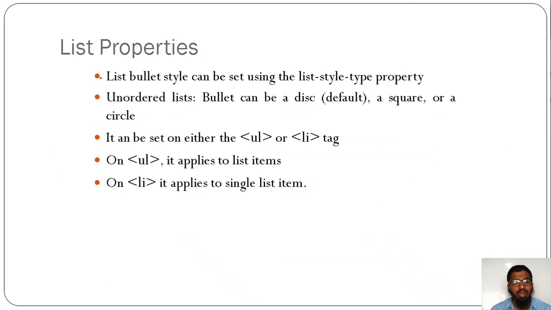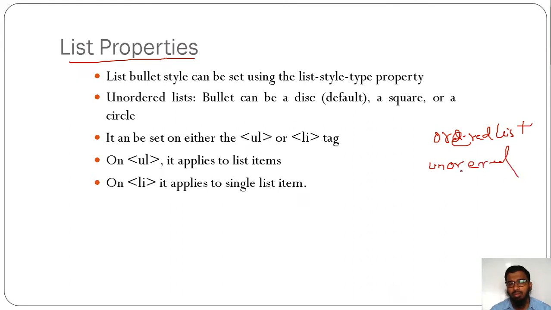Next, list property. We have already learned lists: ordered list, unordered list, and we also studied the definition list, but we will see only ordered list and unordered list here.